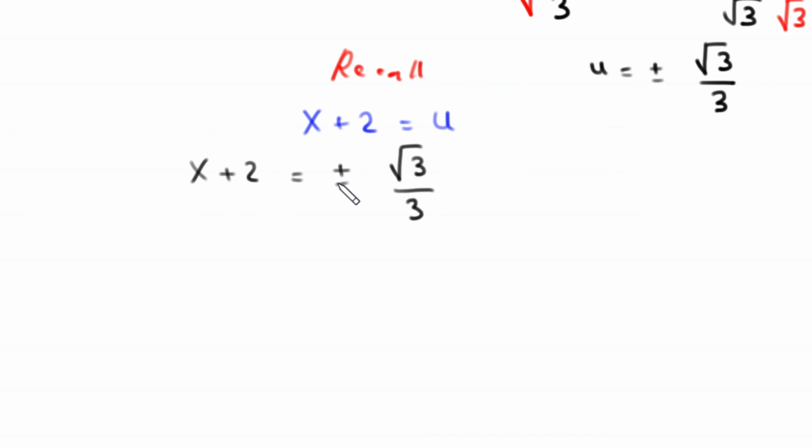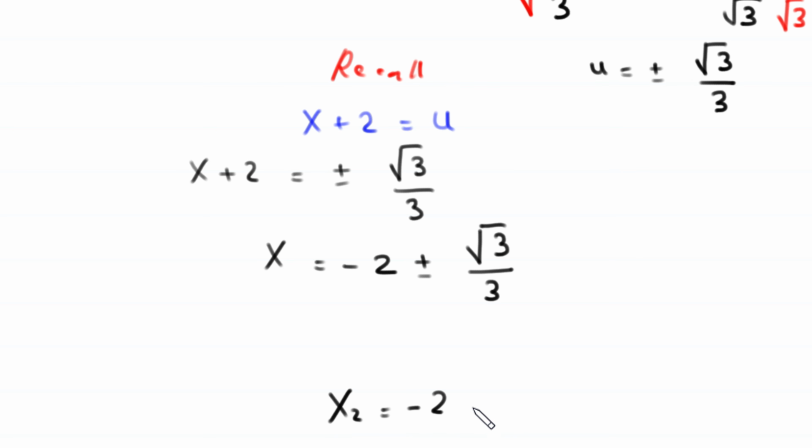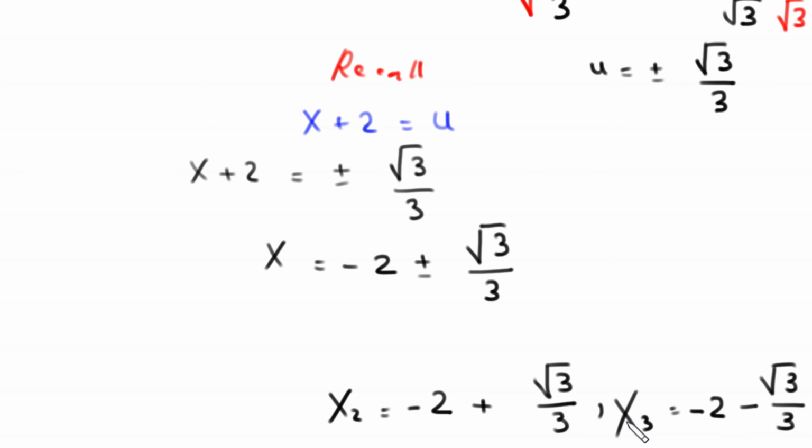Move this 2 to the right-hand side. This becomes x equal to negative 2 plus or minus root 3 divided by 3. It means that x2 is equal to negative 2 plus root 3 over 3, and x3 is equal to negative 2 minus root 3 over 3.